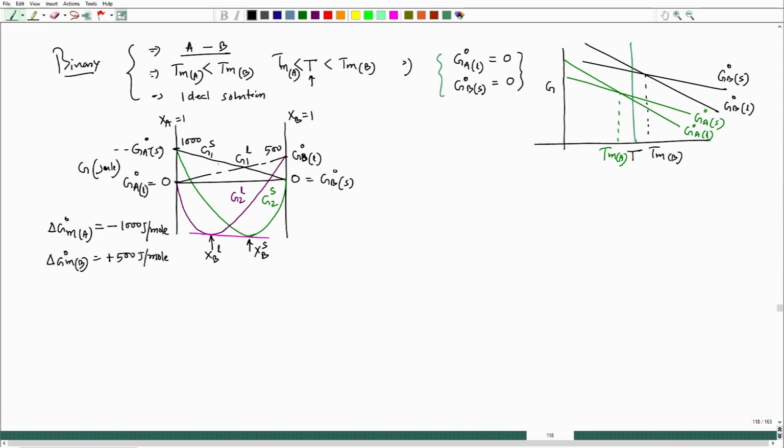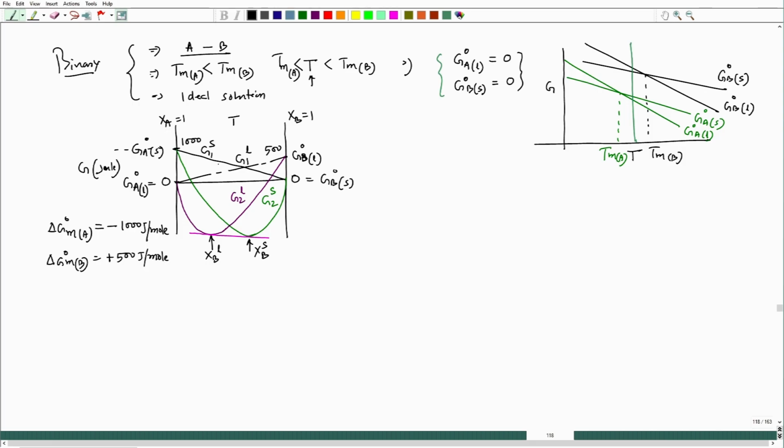Let us say I do it for the G B liquid, that is taken as 0, the reference or standard condition. Then let me see whether there will be a change. In fact, you will see that there will be no change in the equilibrium composition at temperature T. This is at temperature T.